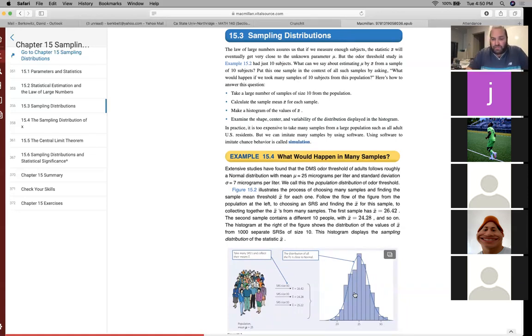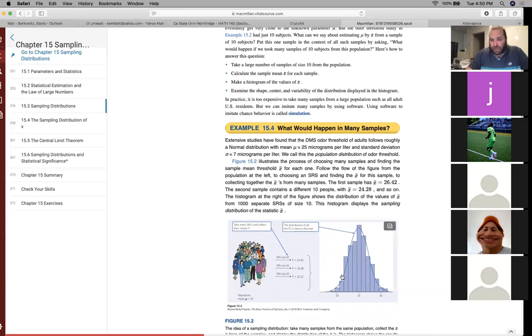Now, if I were to take a sample of size 1, then it's most likely to be 25 and not so likely to be 20 or to be 30. Would you agree? For whatever this particular distribution is referring to. Now, what if I took a sample of size 2 and I told you to average your values?